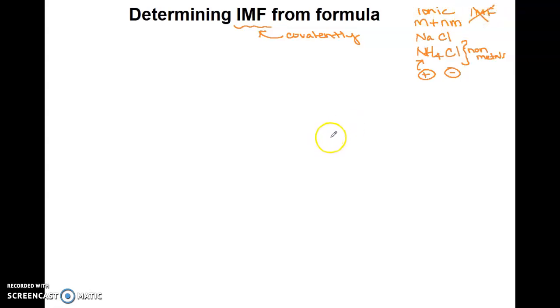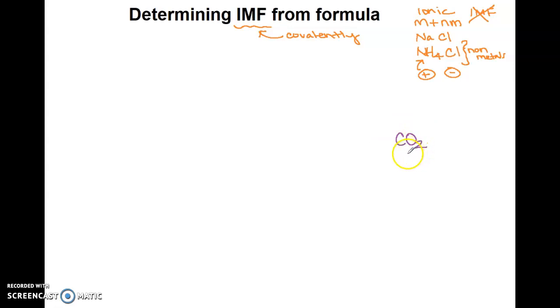So if I have a chemical formula and I recognize it as a molecular compound, for example, carbon dioxide, that's a non-metal and a non-metal, so I recognize that as being covalently bonded together.